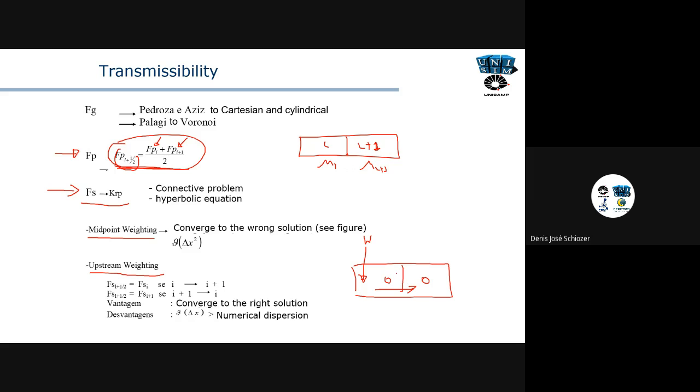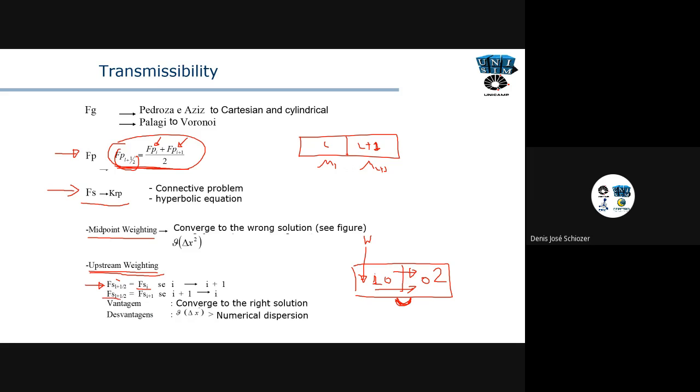So when I'm calculating the flux of this block, block 1, that is displacing oil into block 2, we have shown in the past mathematically that the solution is more precise if, instead of picking an average permeability, relative permeability for example, of these two blocks, I use this upstream weighting. That is, if the flux is going from block 1 to block 2, I use the properties of block 1.